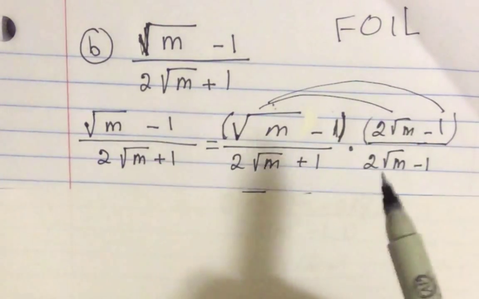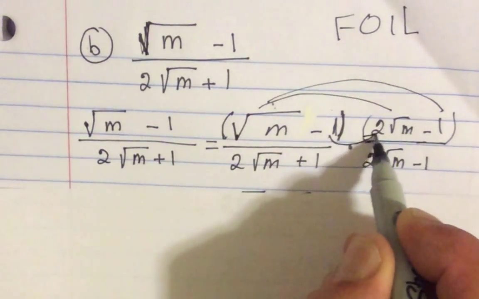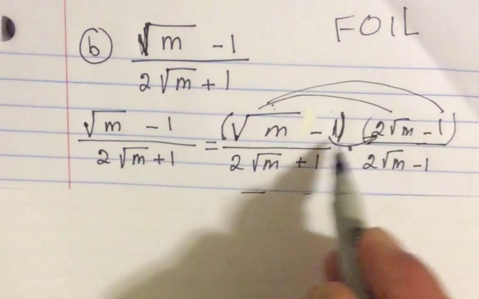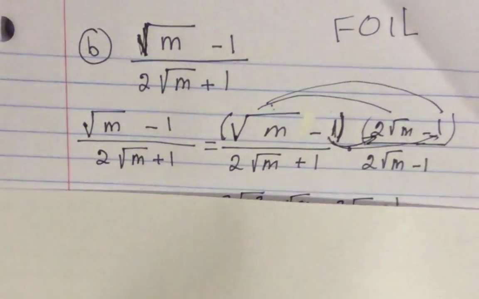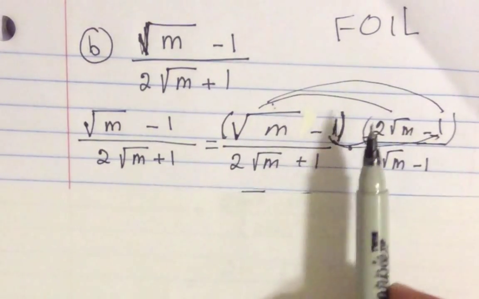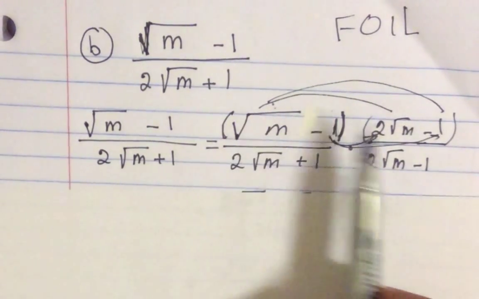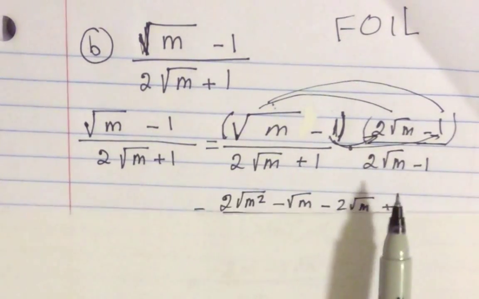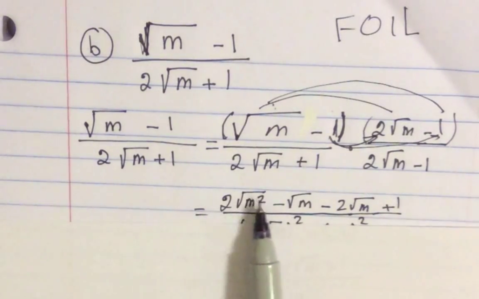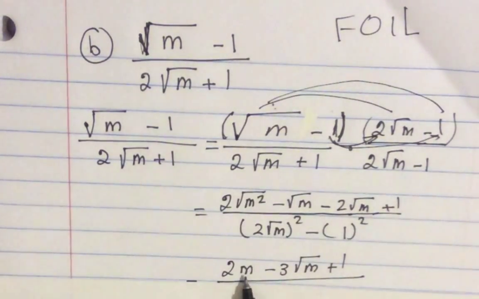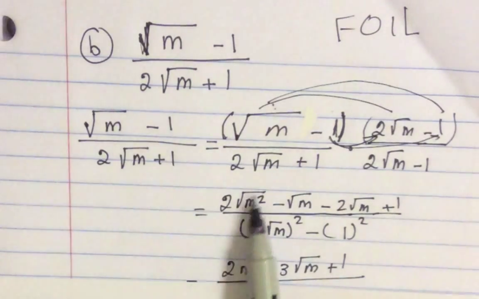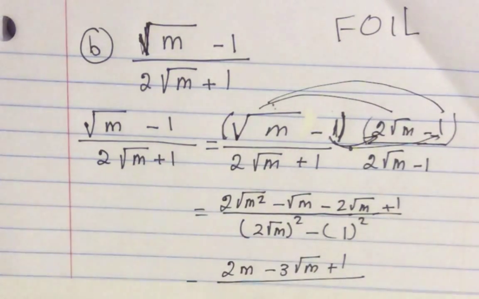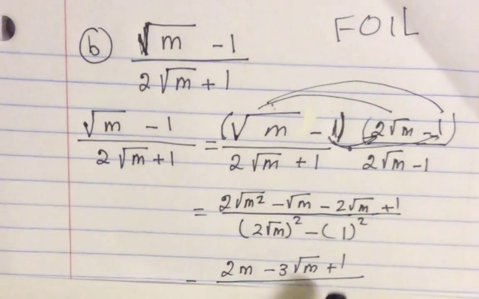I is for the inner, so I take these two inner and multiply them, and then the last times the last. So it's going to be square root of m times 2 square root of m. Any square root times itself is going to give you a regular m. It's going to be square root of m squared, but later on it's going to be a regular m. It's up to you. You want to do it in two steps, it's alright. You want to do it right away, it's alright. So let me do it step by step so no one can get confused.